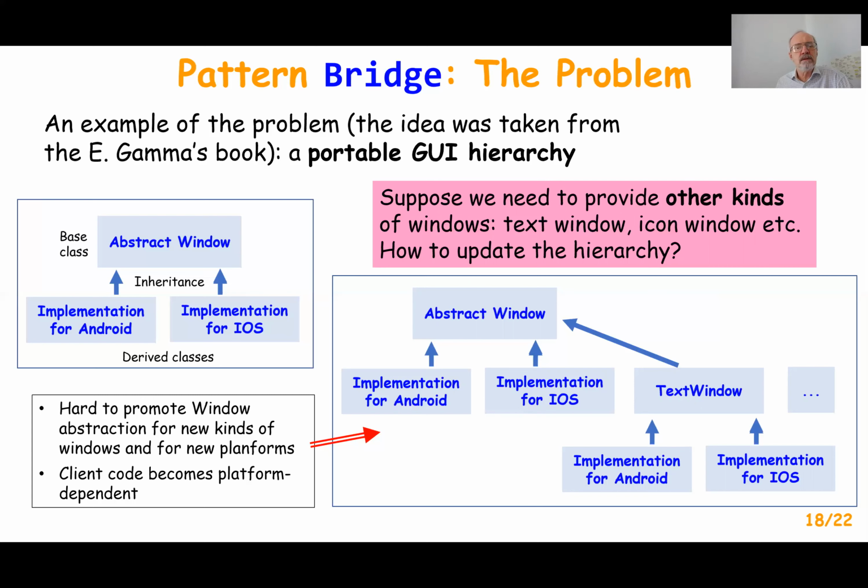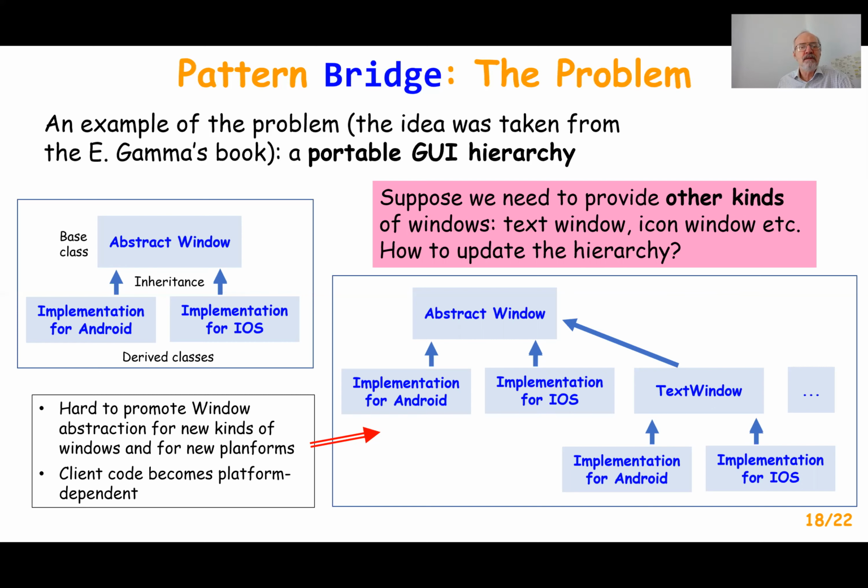What's the consequence of this solution? The consequence is that we need at least two implementations of text window, both for Android and iOS. And the same is true for each abstraction we are going to add to our hierarchy. Of course, this leads to a very complicated, awkward hierarchy.